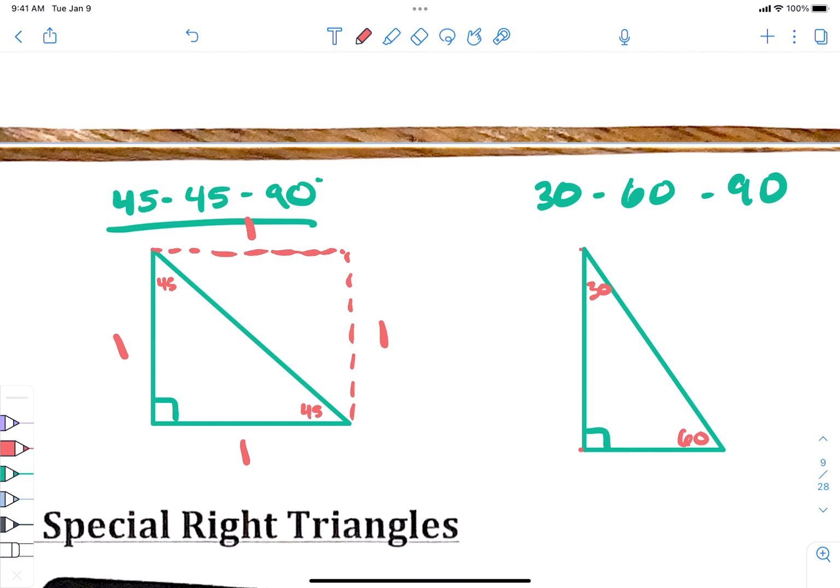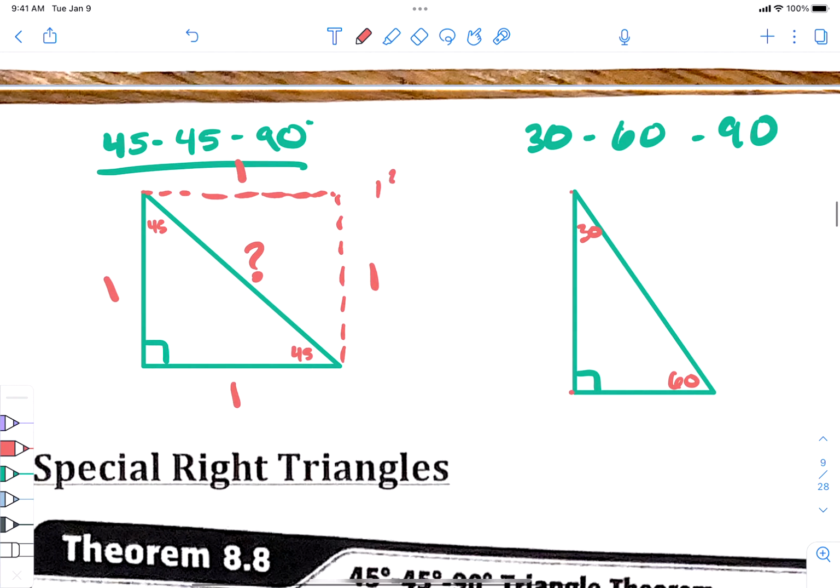To find the length of the hypotenuse, I would do 1 squared plus 1 squared equals C squared. 1 plus 1 is 2, so 2 equals C squared, and C will end up being the square root of 2.